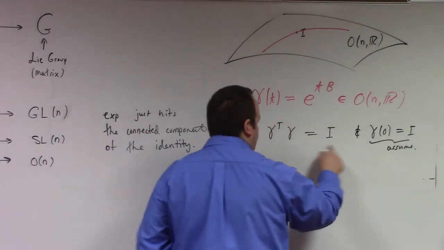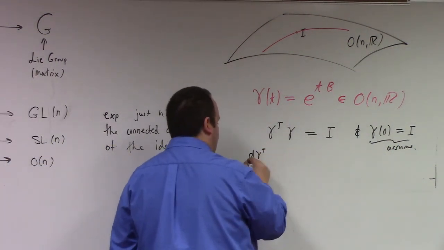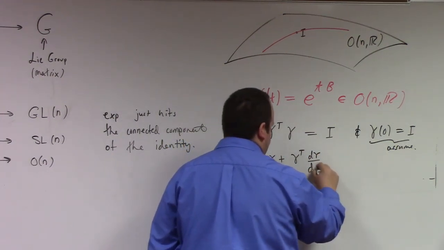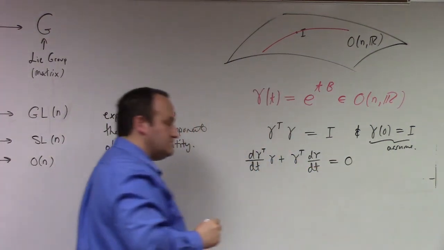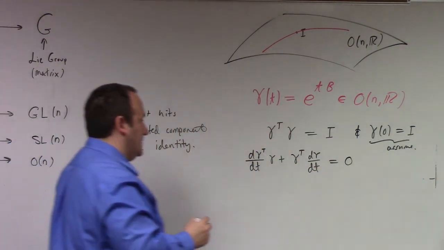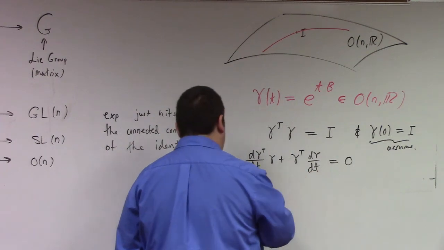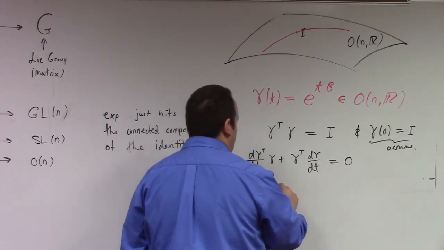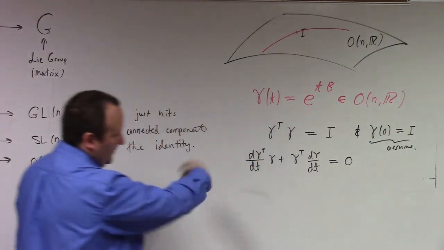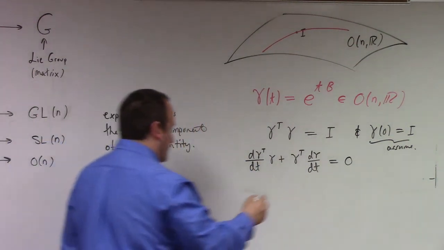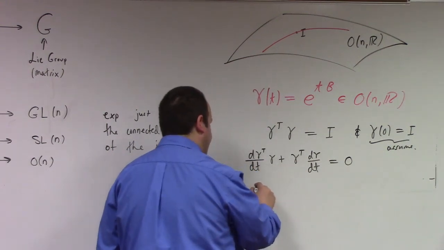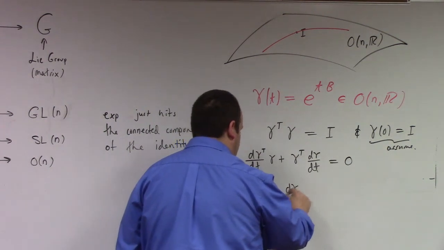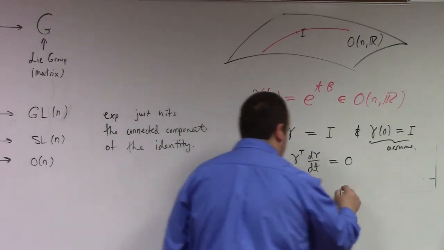And so if we differentiate this, we get d gamma transpose dt gamma plus gamma transpose d gamma dt equals 0. Well, if we plug in time 0, what does that give us? It gives us d gamma dt transpose plus d gamma dt is equal to 0.